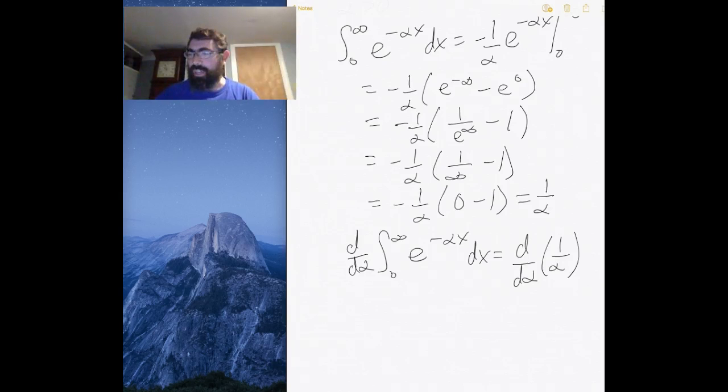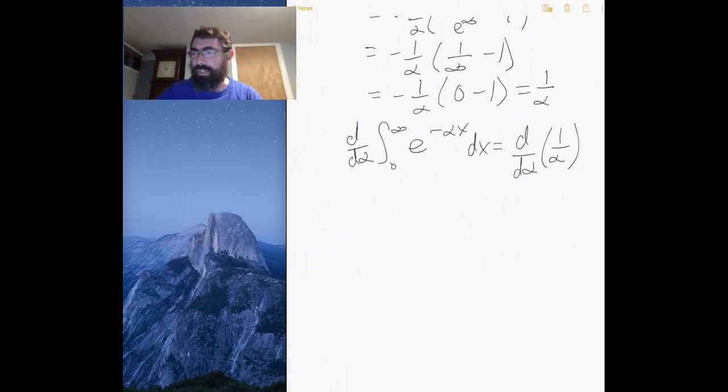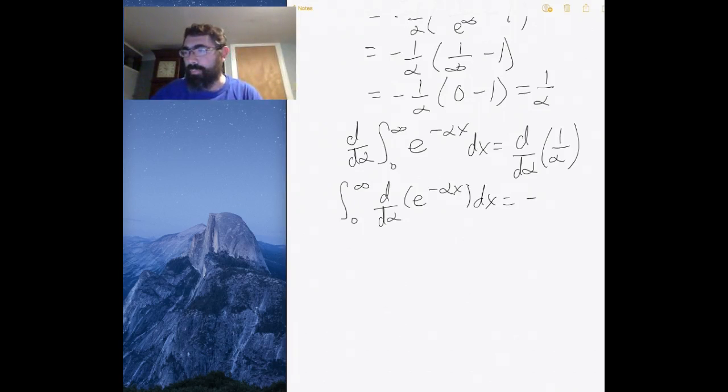When I do that, I can pull this derivative inside the integral because the limits don't depend on alpha, and I get the integral from 0 to infinity of d/d alpha of e to the minus alpha x dx. On the right hand side, I just get minus 1 over alpha squared.